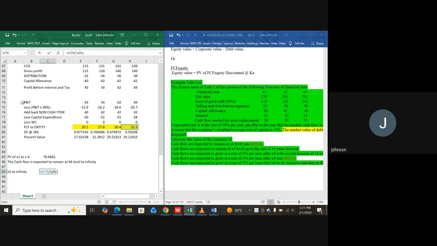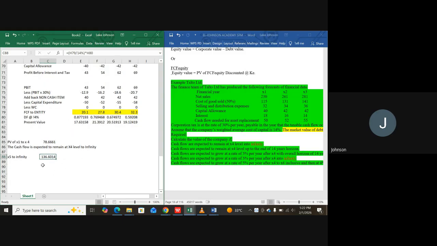Whatever you get, you now multiply it by the discount factor of the base year, which is this. Multiply like this and click on enter. So that's how we're able to get this. So now we have gotten our year X5 to infinity. We're also getting year X1 to 4 based on what we've done before from our computation.